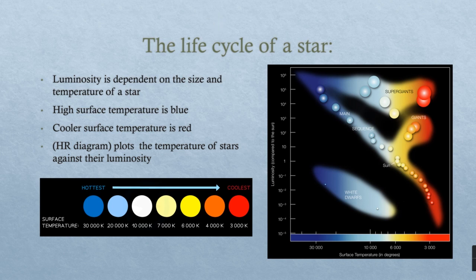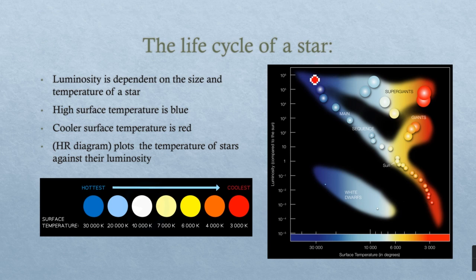Let's talk about the life cycle of stars in a different format, which we talk about in terms of luminosity and also size and temperature. So the more luminous the star is, that depends on its size and also its temperature.